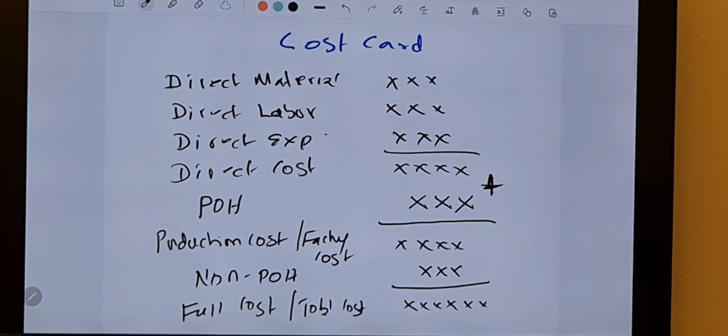To do that, as of now, we have 3 techniques available. We study that in section B, which we call marginal costing, absorption costing, and activity-based costing. In addition to these 3 techniques, when you go to the second level, performance management, we have a concept called throughput accounting.